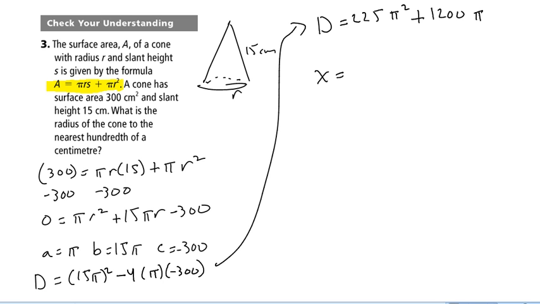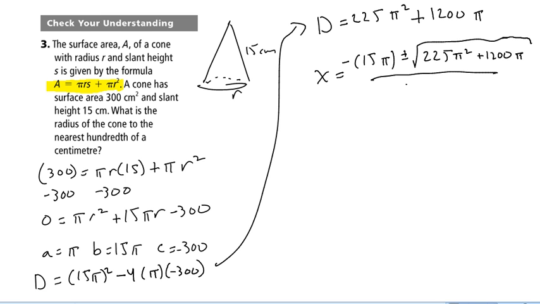So my x is going to equal negative 15 pi plus or minus the square root, all over 2 times pi. And again, now you can just punch this in as one big solid chunk into your calculator using the pi button.